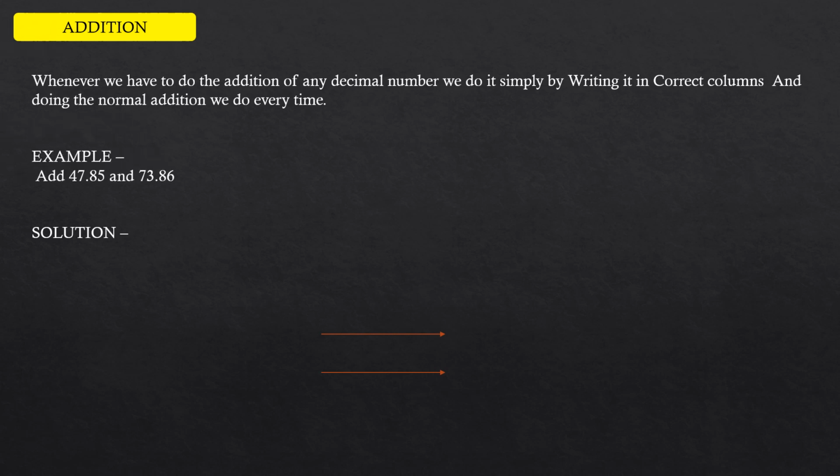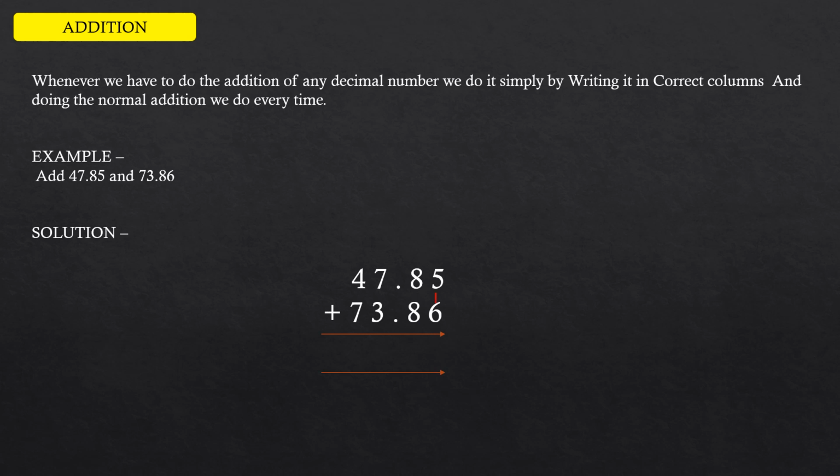Add 47.85 and 73.86. So see the solution over here. So here I have written the numbers in columns. See, the decimal point should be under the decimal point. They should be in the correct way. One decimal point should be under the other, and the digits should also be under each other.